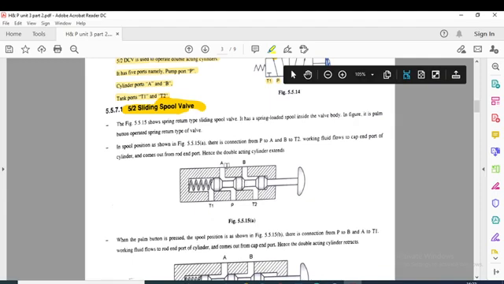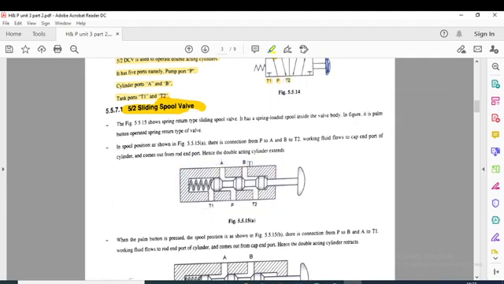Okay, you can see the port names here. This is port A, port B, port P, and port T. This is the tank port T1. This is the port P for pump here. You can see these 2 positions can be achieved here.